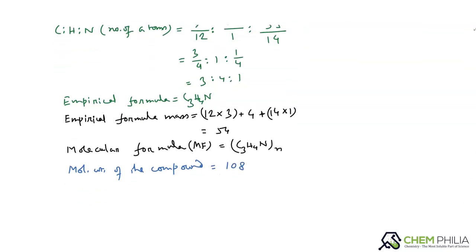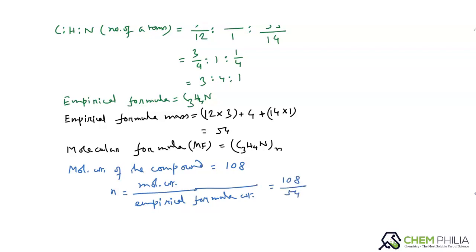So n is basically molecular weight divided by empirical formula weight. Molecular weight divided by empirical formula weight. Clear? So what is the molecular weight of this compound? 108, and the empirical formula weight is 54.